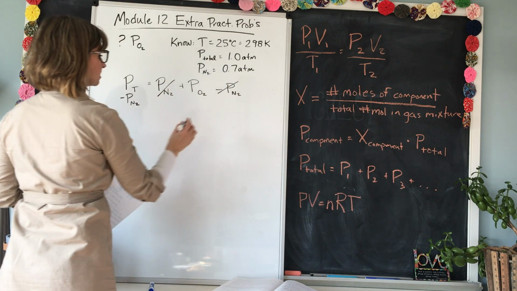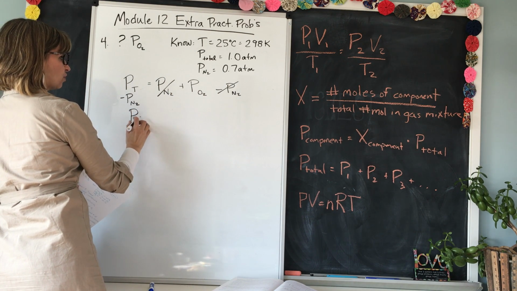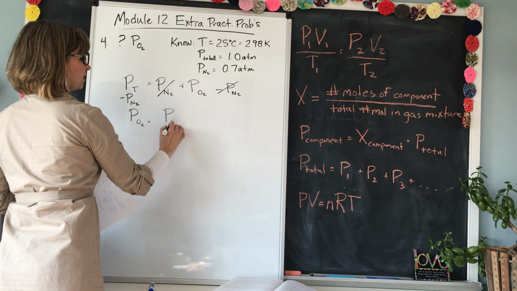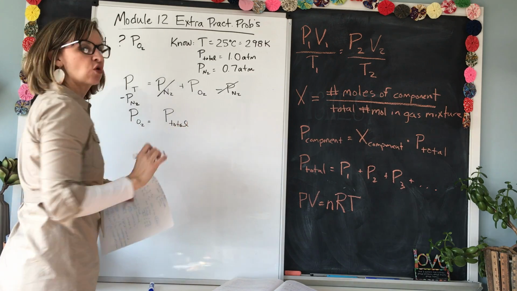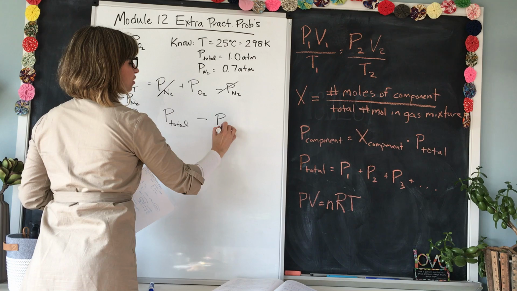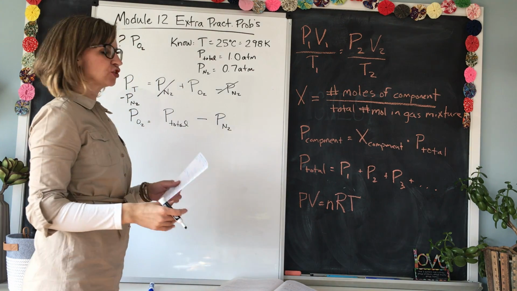So these on this side cancel out, so we just solved for the partial pressure of oxygen, which should be equal to the P total, the total pressure of the gas, minus the partial pressure of nitrogen, N2.